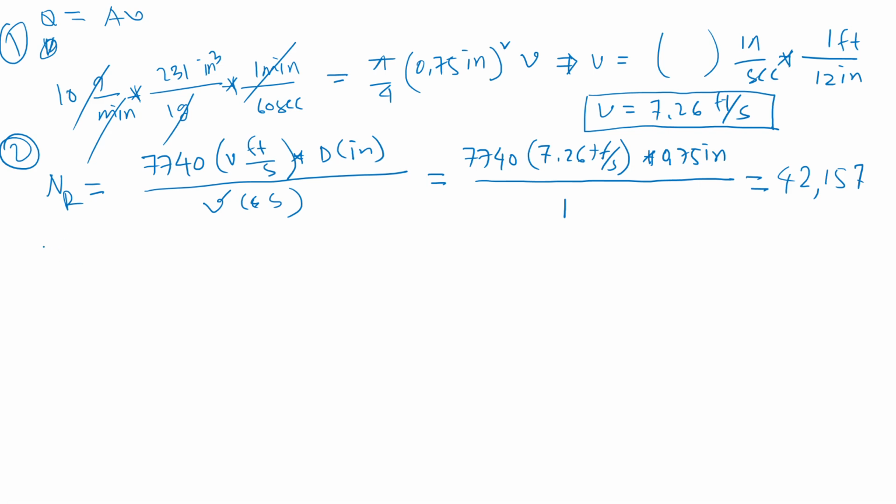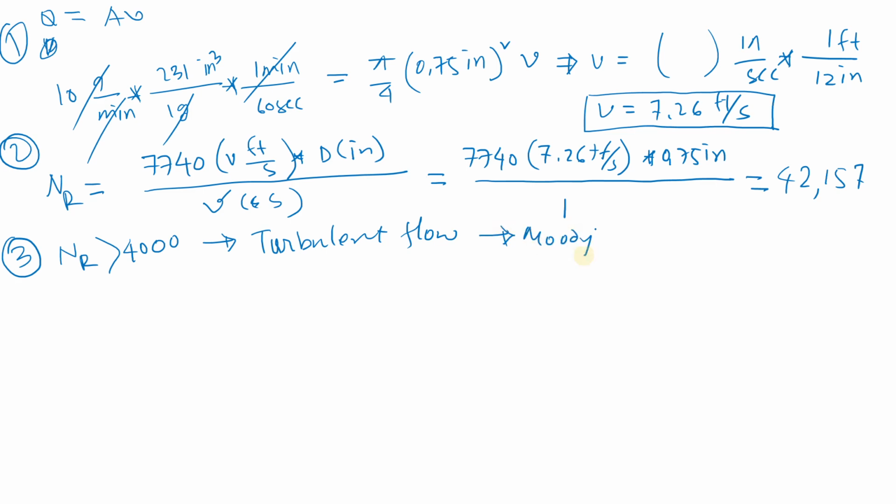Step 3 is to determine the flow type. If the Reynolds number is more than 4,000, then the flow is considered turbulent. For turbulent flow, we have to use the Moody diagram to find the friction factor.